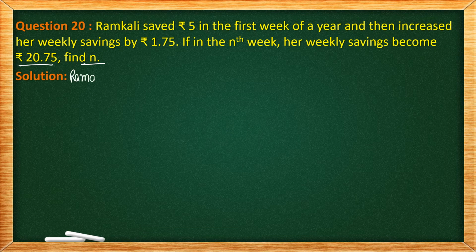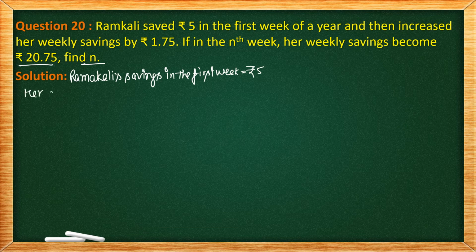We can write Ramkali's savings in the first week, and this is equals to rupees 5, by which she started to save.